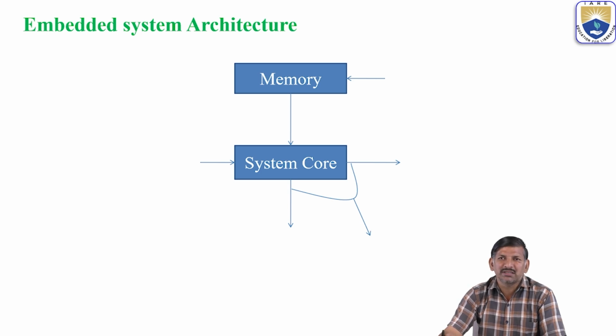These primary memory devices are also called volatile memory. Volatile means whenever the power is turned off, the data will be erased. Examples of volatile memories are static random access memory, dynamic random access memory, or ferroelectric random access memory.